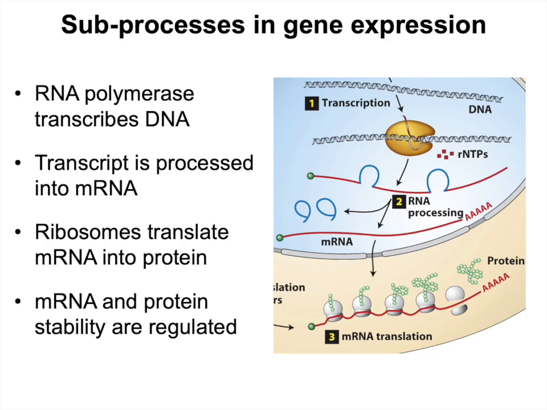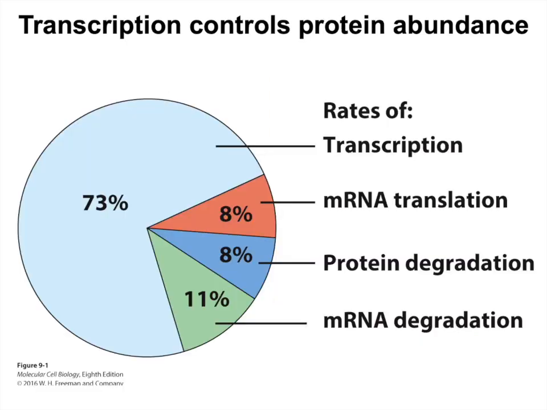In the cytoplasm, the messenger RNA is bound by ribosomes which translate it into protein. So we perhaps should not be paying so much attention to transcription and rather to all these other processes, which are closer to the production of protein.